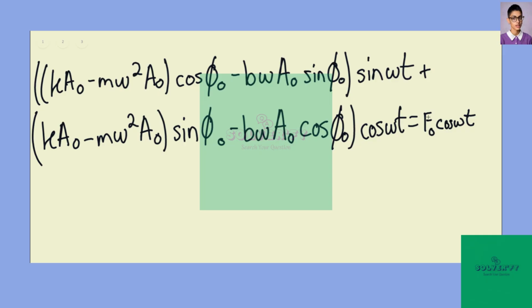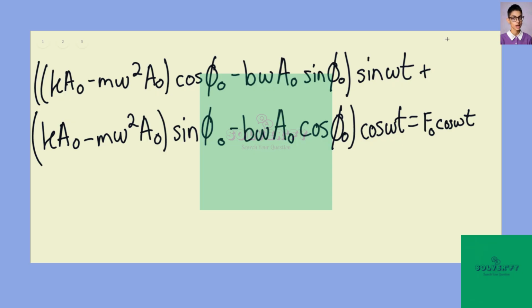And we know that the equation has to be valid for all times, which means that the coefficients of the functions of time must be the same on both sides of the equation.